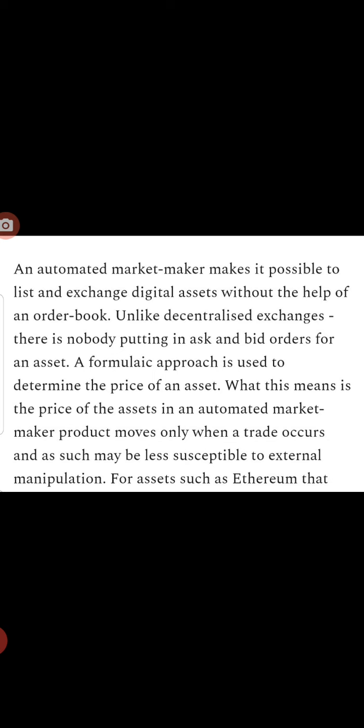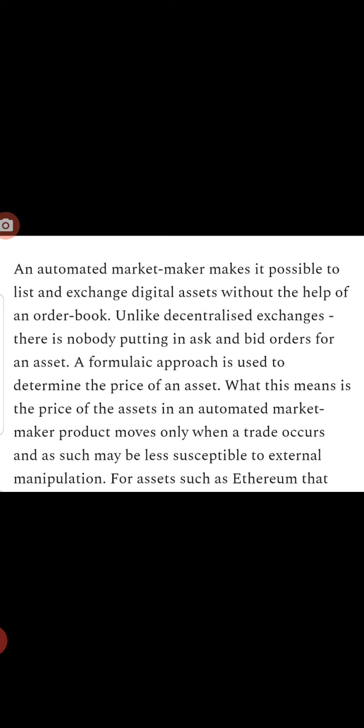So if somebody comes and buys a currency, the automated market maker determines the price. If somebody comes and sells an asset in exchange for, let's use TST and Ether for example.